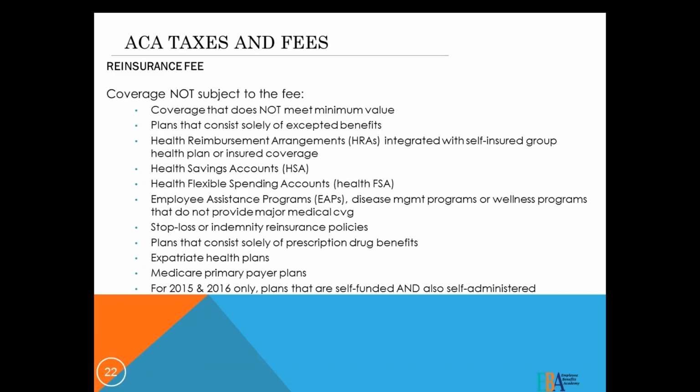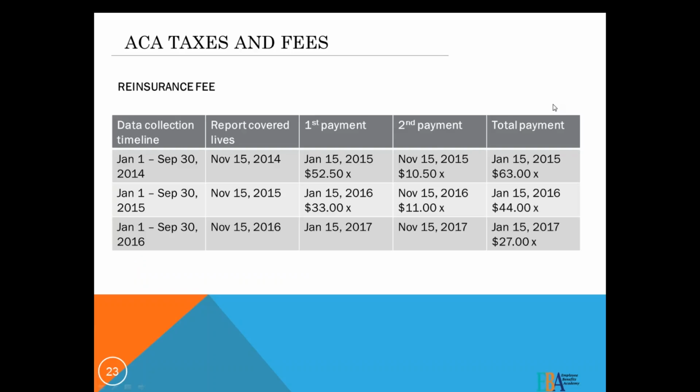Also exempt are EAPs (employee assistance programs), disease management programs or wellness programs that do not provide major medical coverage, stop loss or indemnity or reinsurance policies, plans that are just prescription drug benefits, expat plans, and Medicare primary plans, meaning that the group health plan is a secondary payer. And then for 2015 and 2016 only, plans that are self-funded and self-administered. This means there cannot be a TPA in that process. The employer is adjudicating claims and helps with enrollment, so no TPA involvement under those particular plan designs.